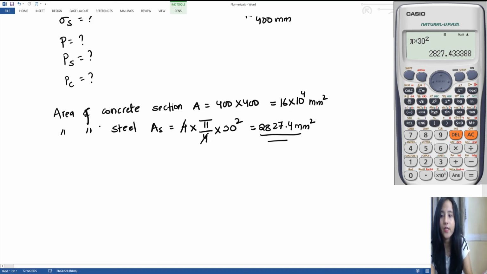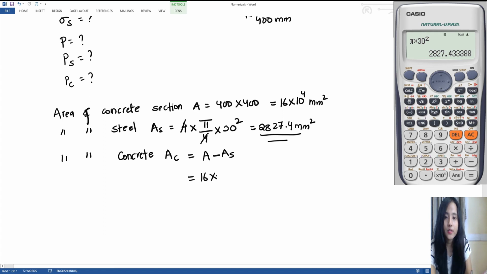Now let us find area of concrete. Area of concrete AC will be equal to area of concrete section minus area of steel, which will be equal to 16 into 10 raised to power 4 minus area of steel 2827.4.